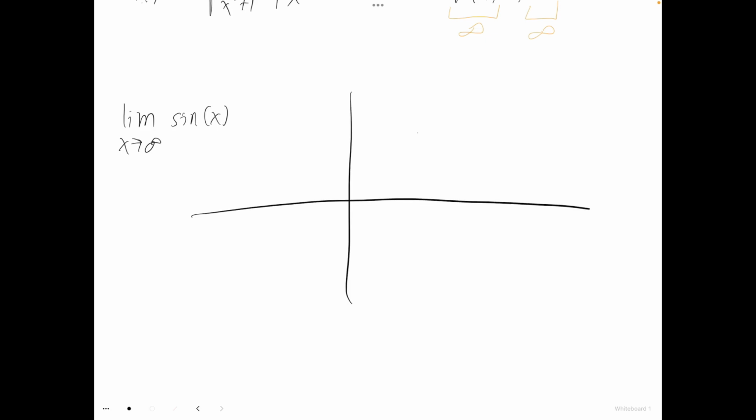So now the last example we want to consider is not even really fully an example. But if you take the limit as x goes to infinity of something like sine of x, remember sine of x's graph does the following. It just oscillates between 1 and negative 1.